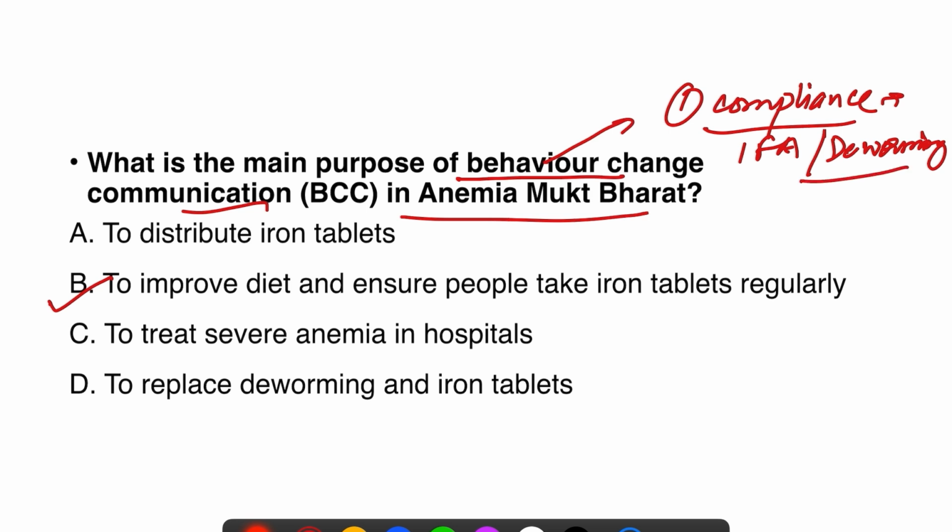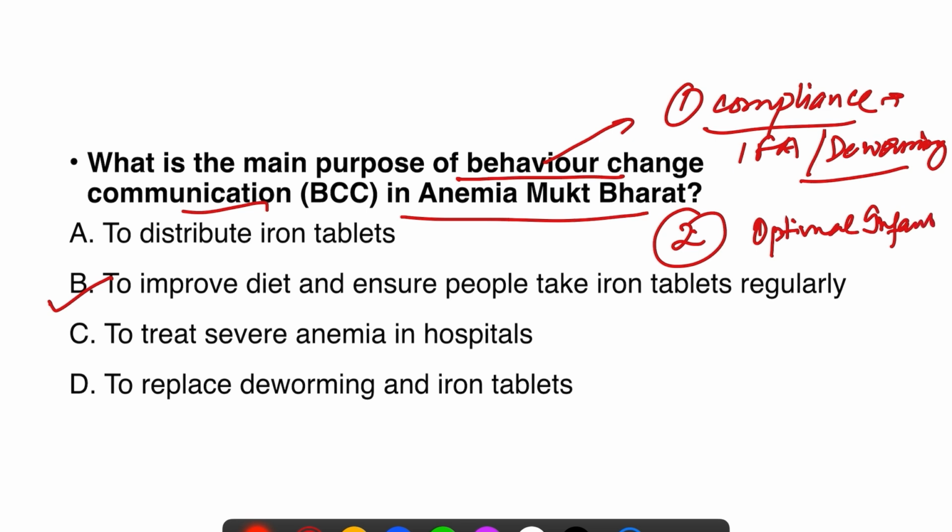So it has been seen that even after giving the IFA tablets, the people are not consuming it, or when in campaigns the deworming tablet is being given, people are throwing it away. Therefore, people are being encouraged to have regular consumption of prescribed IFA tablets and adherence to biannual deworming schedule to combat anemia.